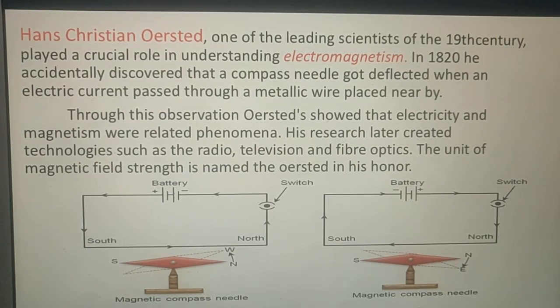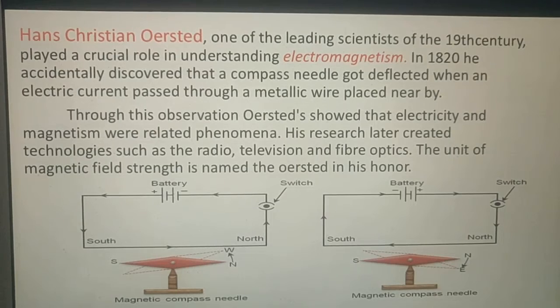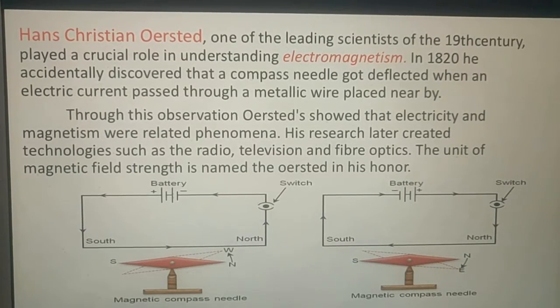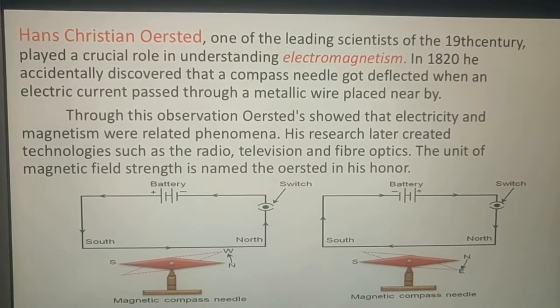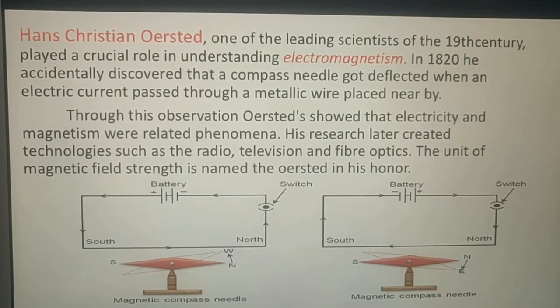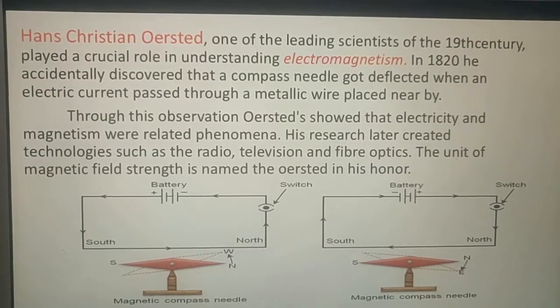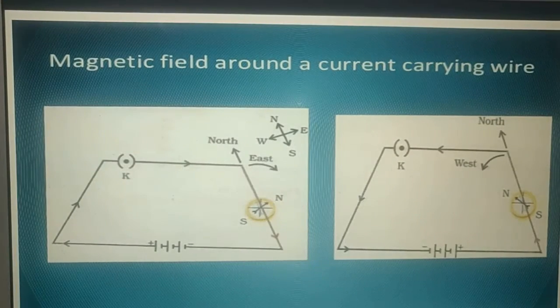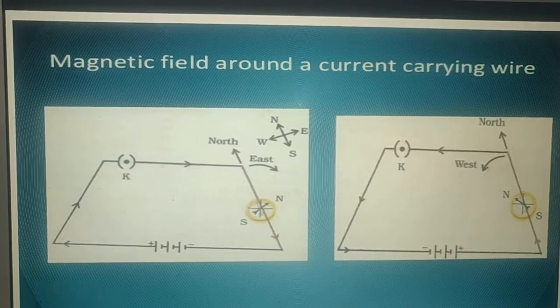Hans Christian Ørsted, one of the leading scientists of the 19th century, played a crucial role in understanding electromagnetism. In 1820, he accidentally discovered that a compass needle got deflected when an electric current passed through a metallic wire placed nearby, as we have seen previously in this diagram.